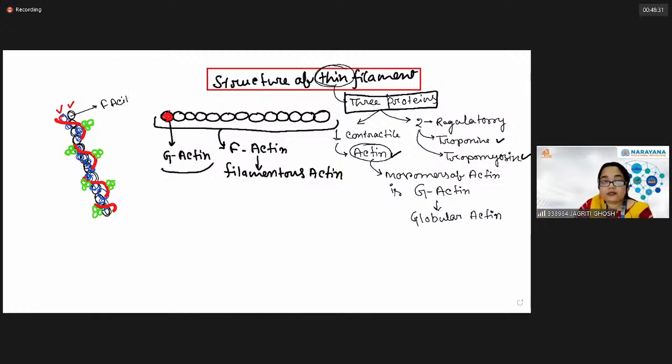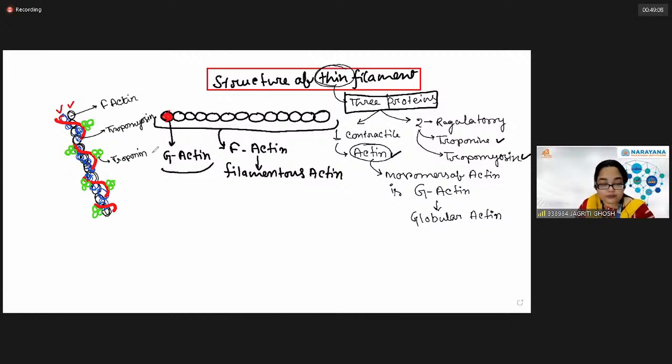This red thing is the tropomyosin, and this is troponin. Clear up to this part?